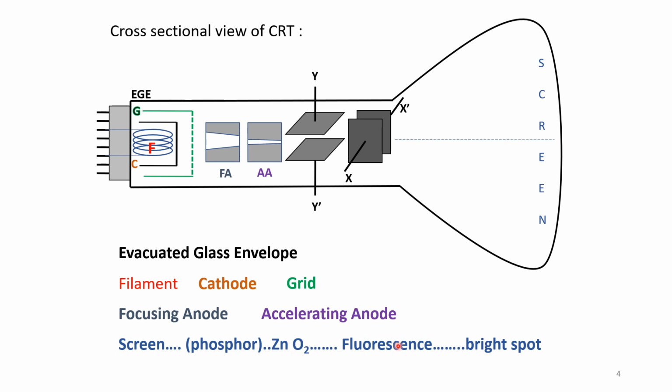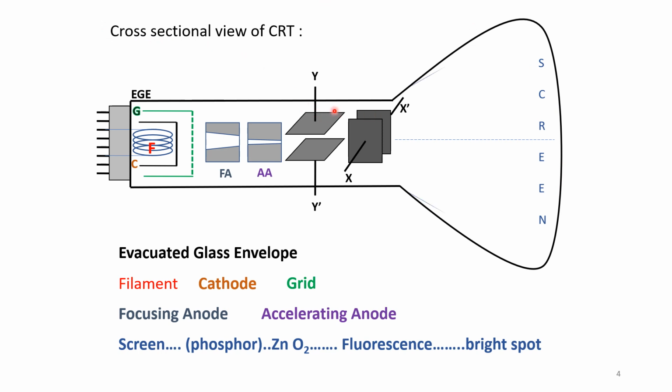There we have the phenomenon of fluorescence, which means the electron beam reaching this particular screen excites the atoms or the molecules of zinc oxide or zinc sulfide, and then while coming back, they produce the bright spot. As a result of it, we are going to see the movement of this particular bright spot when a suitable potential difference is applied.